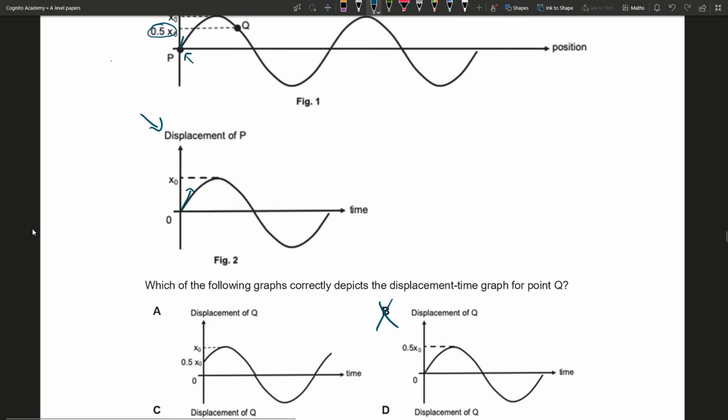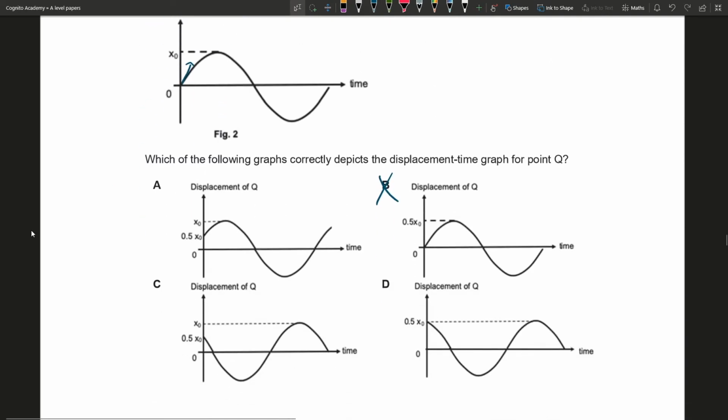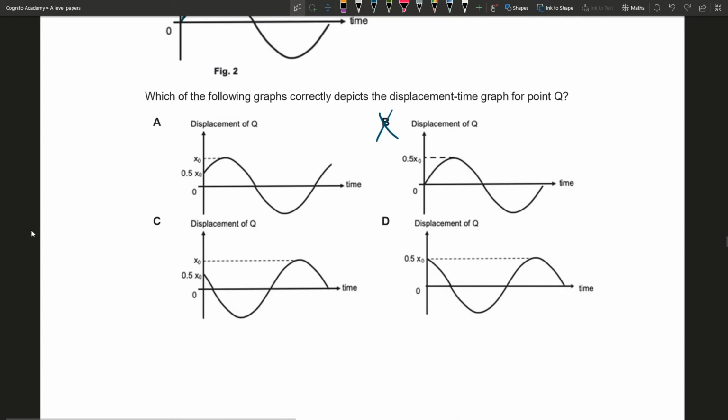Next, because the wave is traveling to the left, the next direction that Q will go is downwards, because it will go to this point but shifted to the left, meaning that anything that doesn't start at 0.5 x naught and go downwards should be eliminated. A is eliminated, and that leaves us with C and D.